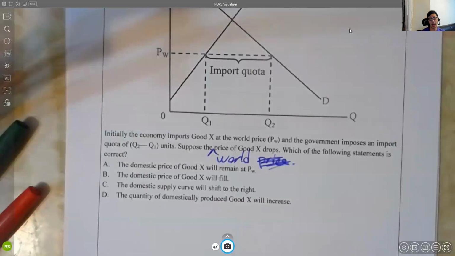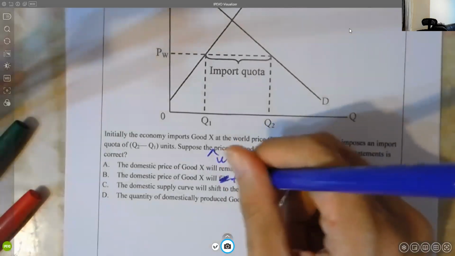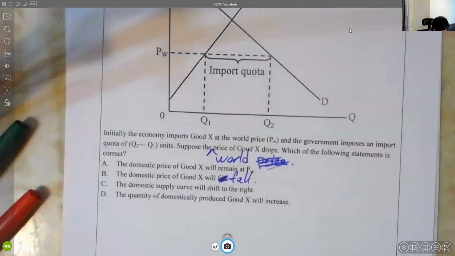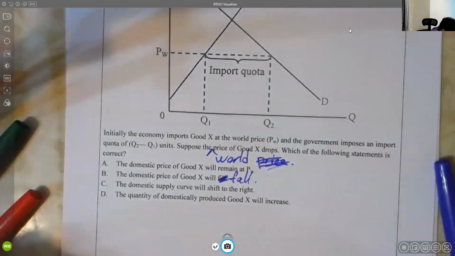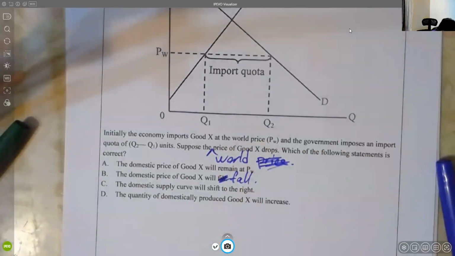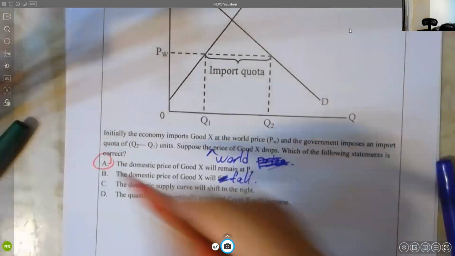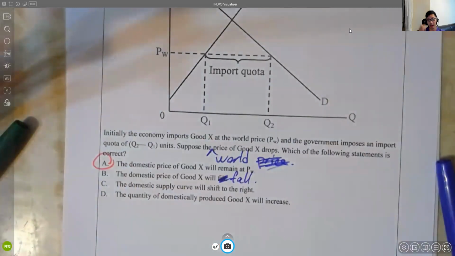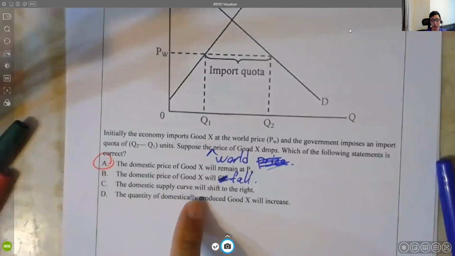好啦，有少少難嘅其實。Okay, there are 2 ways to explain. First of all, the answer is A right here. 好嘛，嗱我哋先睇咗少少嘢先，好嘛 domestic supply curve will shift to the right. Will it?